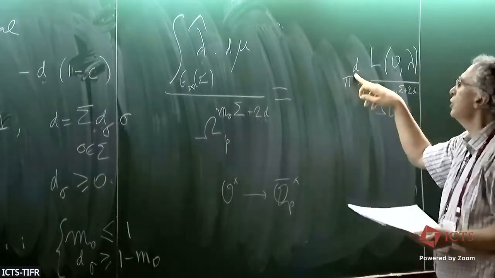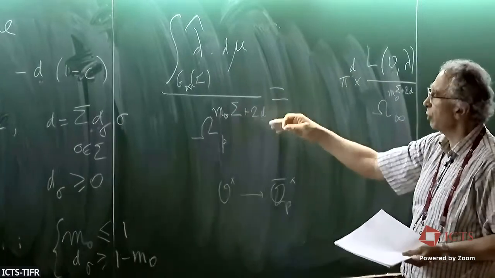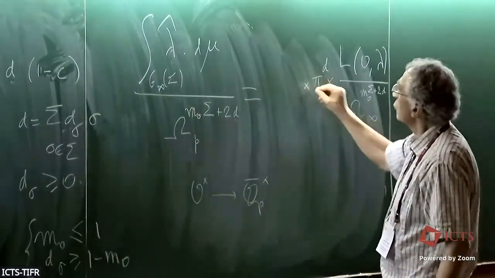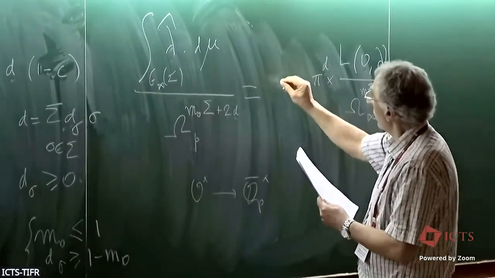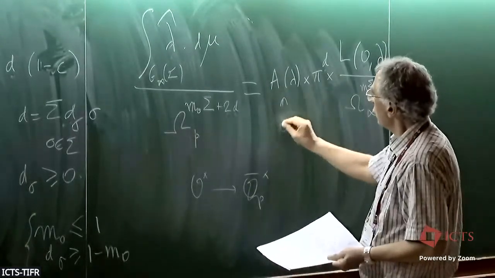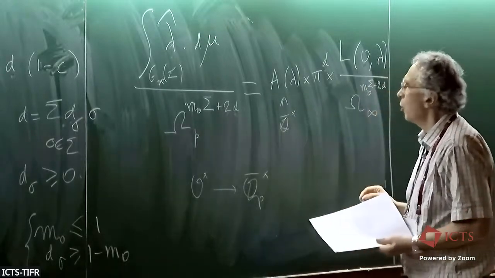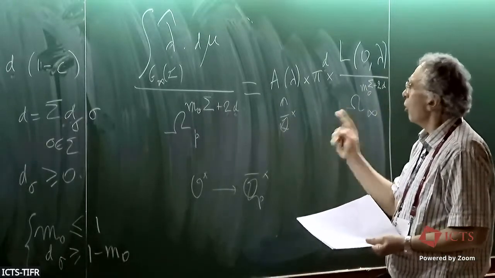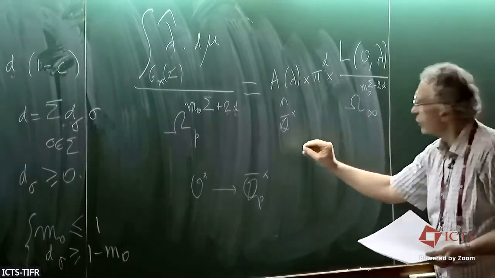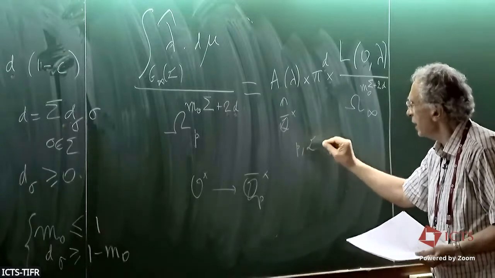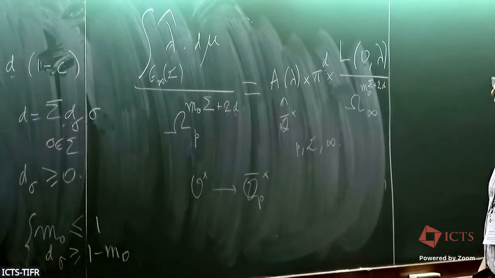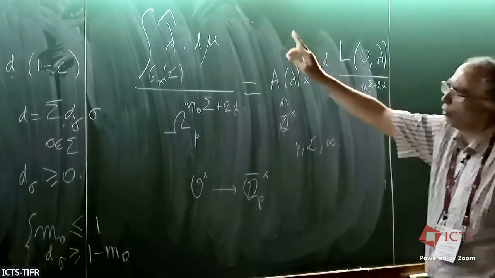So pi to the d means the pi to the sum of the d sigma, times some algebraic number, a of lambda, which is an explicit constant in Q bar, which depends only on the Euler factors of the Hecke L functions at P, at C, and at infinity. Okay, so that's the interpolation formula for all positive critical.